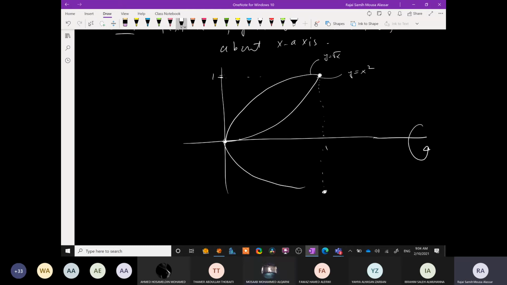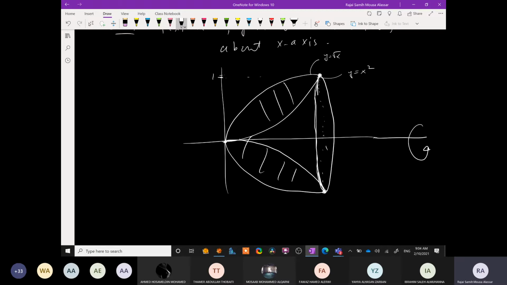So this is going to come up, and this is the shape of the object that we're going to get. So this is hollow. There's nothing in here, and this is full of material. Is that okay?